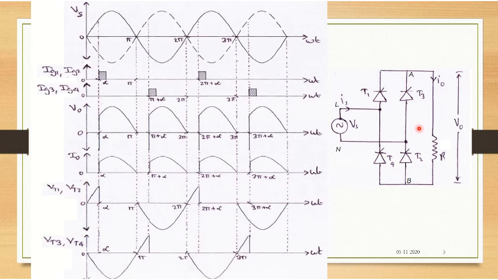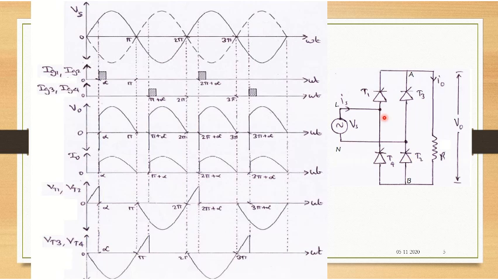Now, to turn on T1 and T2 in the first half cycle, I need a same triggering circuit which would trigger both T1 and T2 at a single time, or parallelly, or simultaneously.